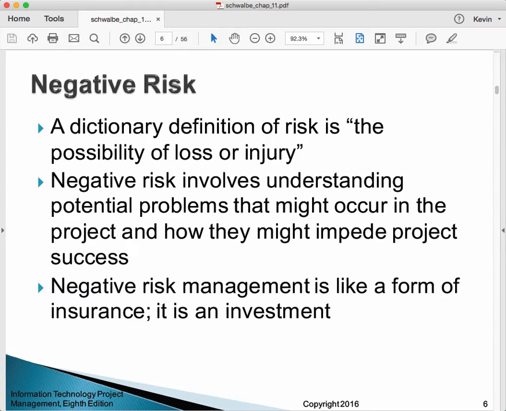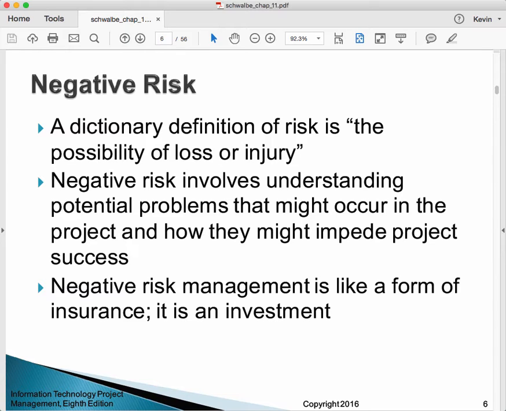Risk in a general sense is variability in outcome. It's the probability that the outcome will be different than what we're expecting, and it could be variable on the negative side, which is what people typically think of, or it could be variable on the positive side. We could have a better outcome than anticipated.